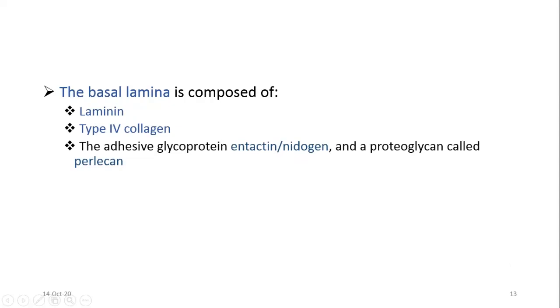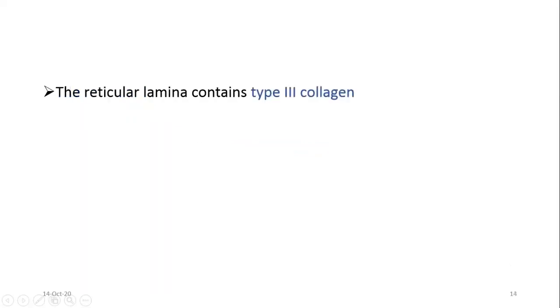These are the components of the basal lamina. The reticular lamina contains type III collagen.